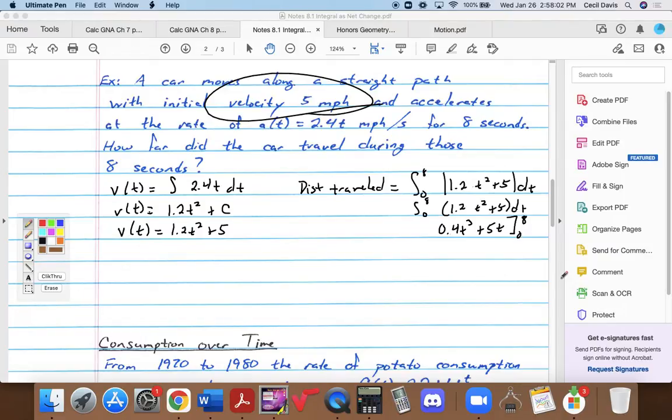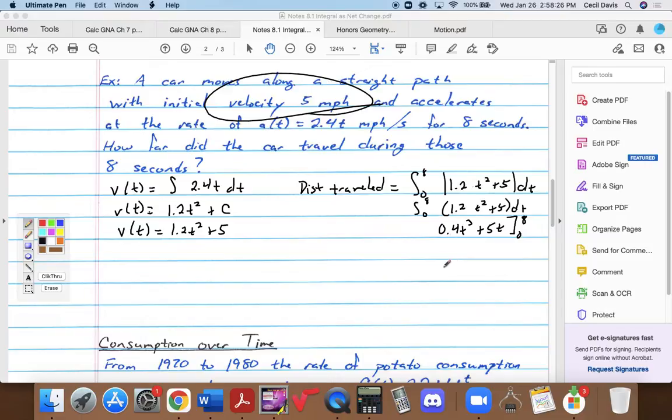Although I would point out, what are the units on the velocity? Miles per hour. We took the antiderivative of this, so this is now miles per hour. But 8 is in seconds.